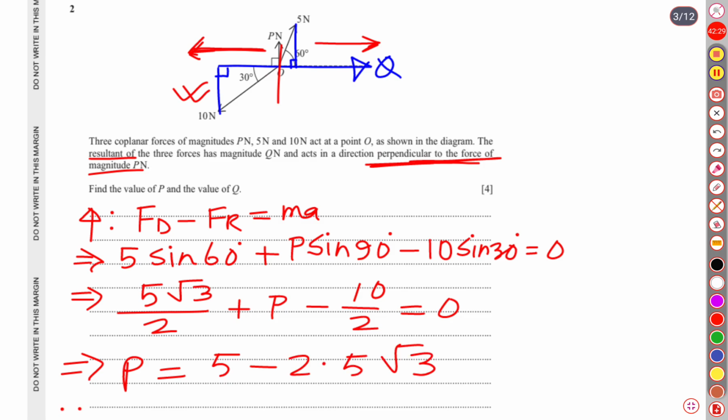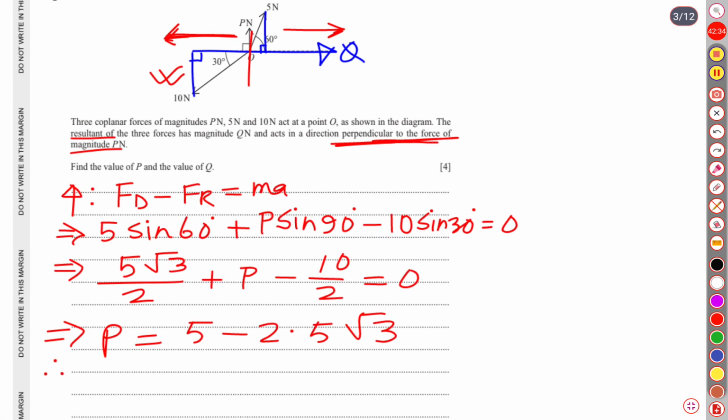Hence P will be, if we subtract 2.5 root 3 from 5, 0.6698. So if we round it up to three significant figures, it is going to be 0.670.